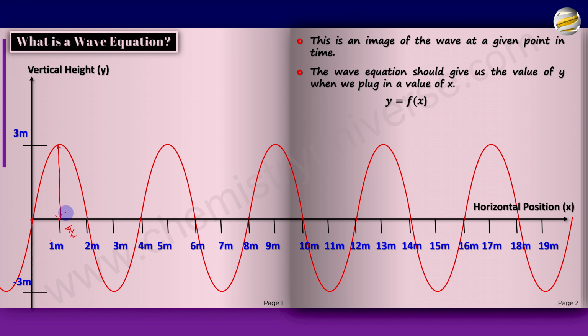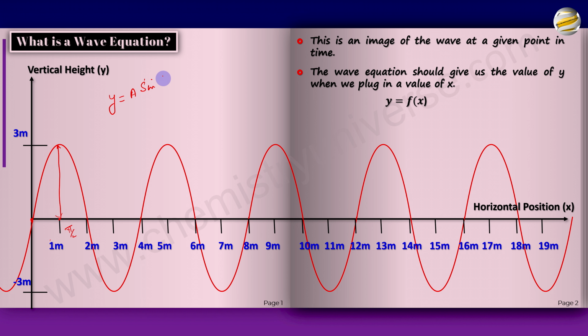So we definitely know that when we want to build an equation, we need to get the amplitude here, which is in this case 3, and multiply that with the sine function. So when this value reaches pi by 2, it has to reach the maximum value.